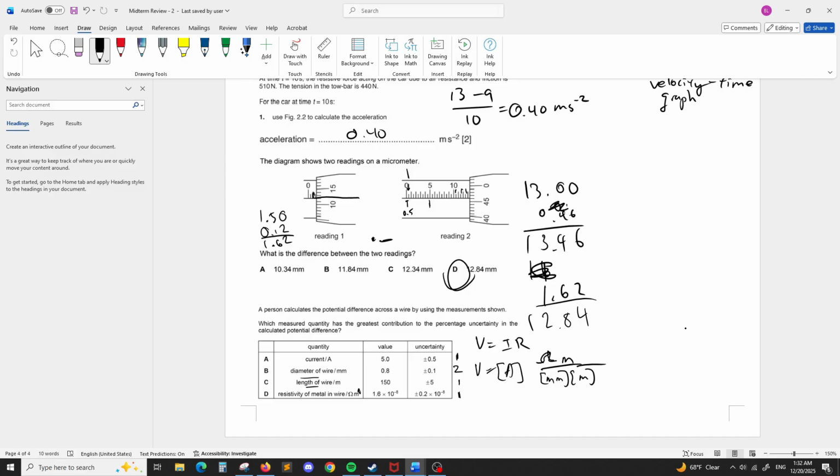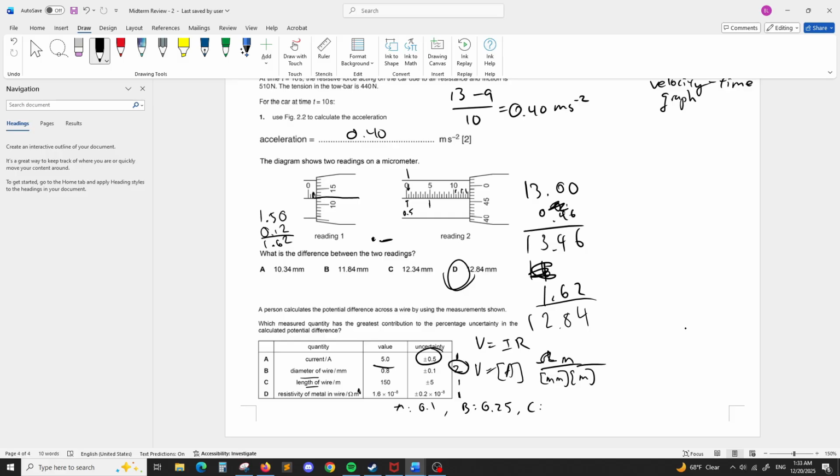And then they're looking for the percentage uncertainty, right? So it's going to be the uncertainty divided by the value, and that's your percentage uncertainty. So for A, it's going to be 0.1. For B, it's going to be 0.1 divided by 0.8, and you have to multiply by 2 because there's two, you have to square it.